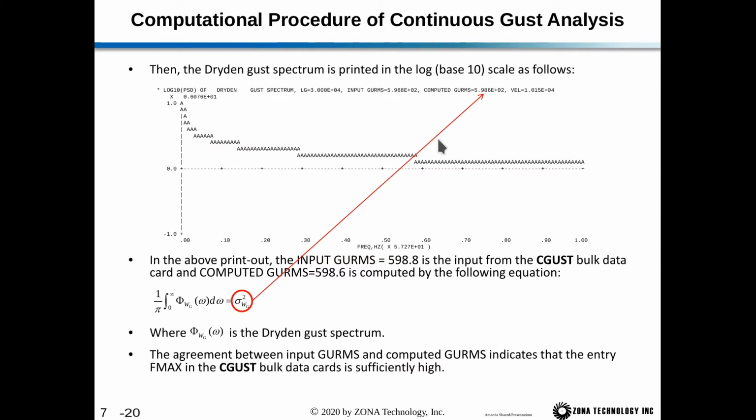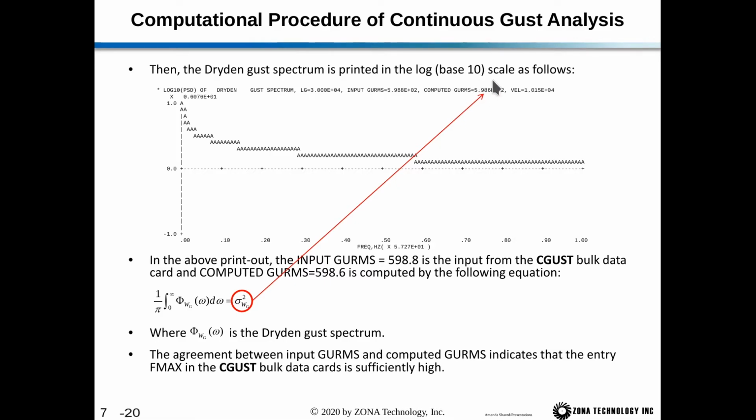Next, in the output file, the gust spectrum is printed in the log scale. So this is the gust spectrum. In the above printout, the input GURMS of 598.8, remember that's from our input file, is the input from the CGUST card, so that's right here. And then we look at the computed GURMS, which is 598.6, shown here.